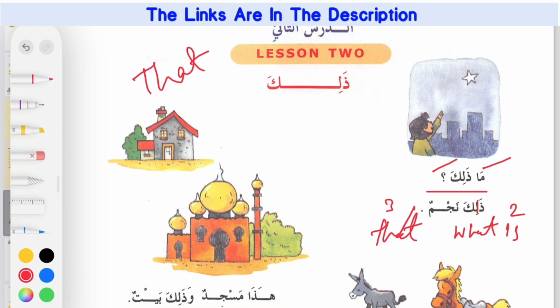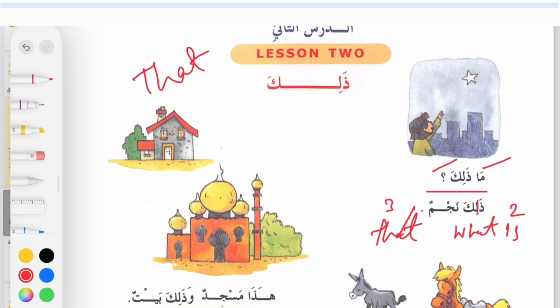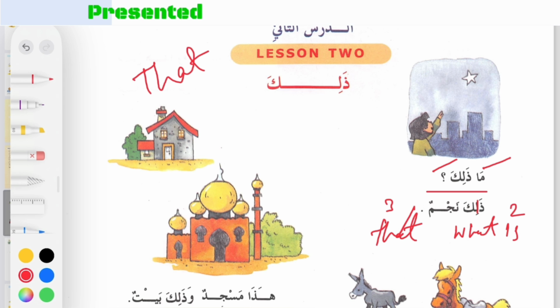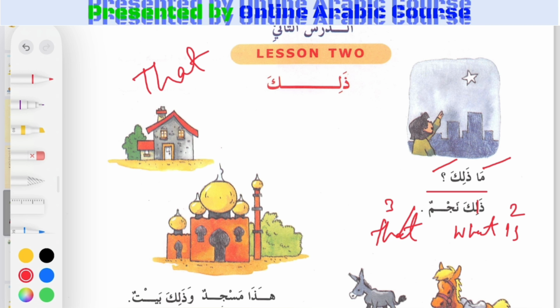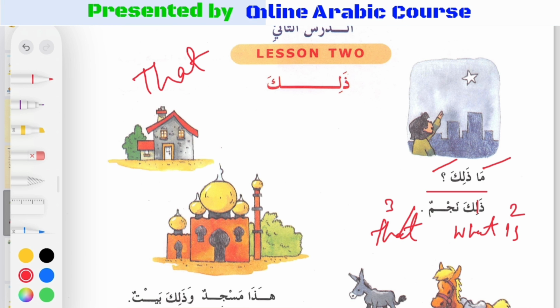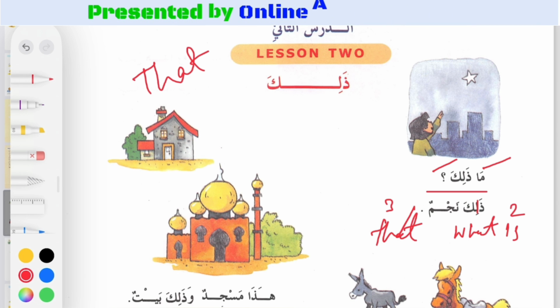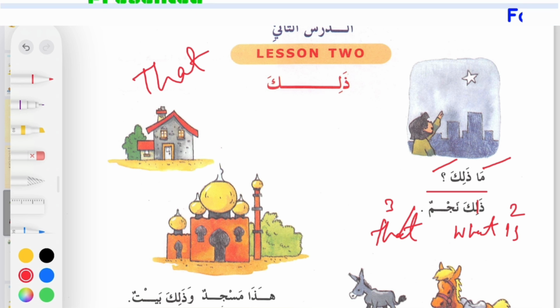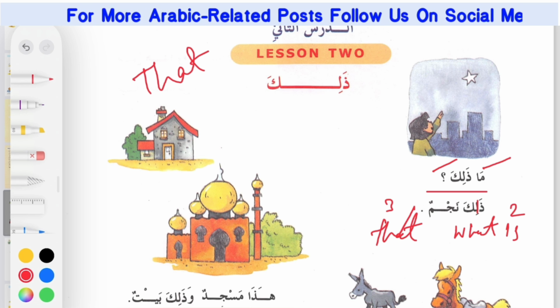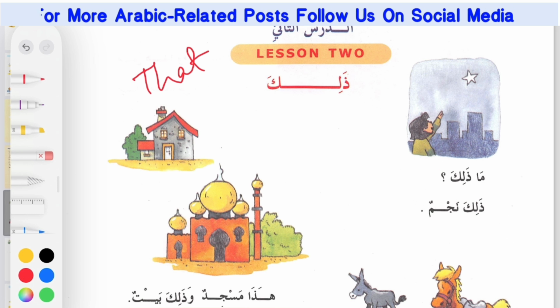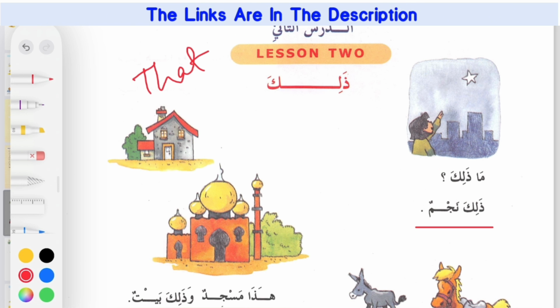In English we have is, but in Arabic we don't have any proper word for is. As I said in the previous lesson as well, there is no proper word for is, am, are in Arabic language, but we translate it based on the sentence structures, subject and predicate. In Arabic we say mubtada and khabar. So the actual meaning of ma dhalika is what is that, and the answer is dhalika najmun.